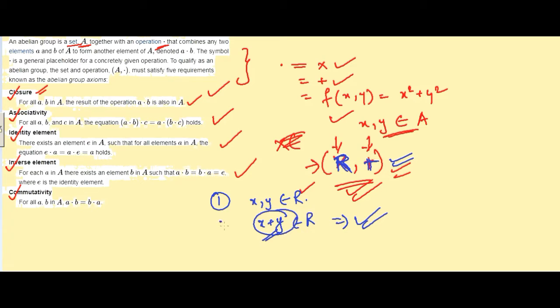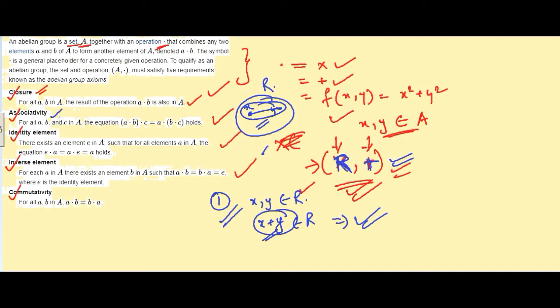This is the meaning of the closure property. It's like if x is a point and y is a point, and you are doing some operation, say drawing a line, and this is the set of real numbers, then the result of the operation should also belong to the set R. So this is the first property.